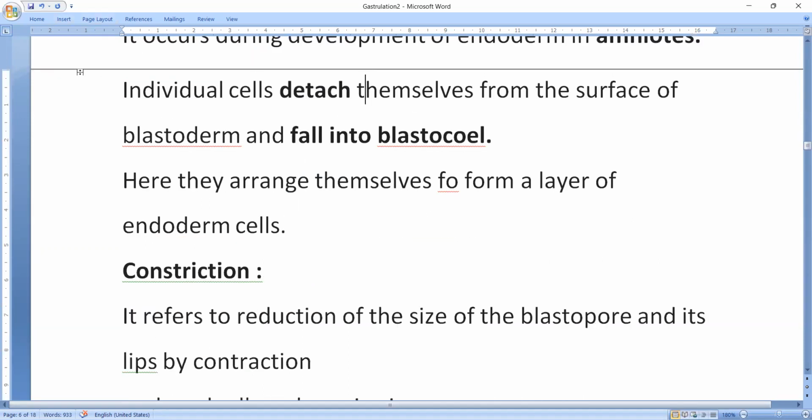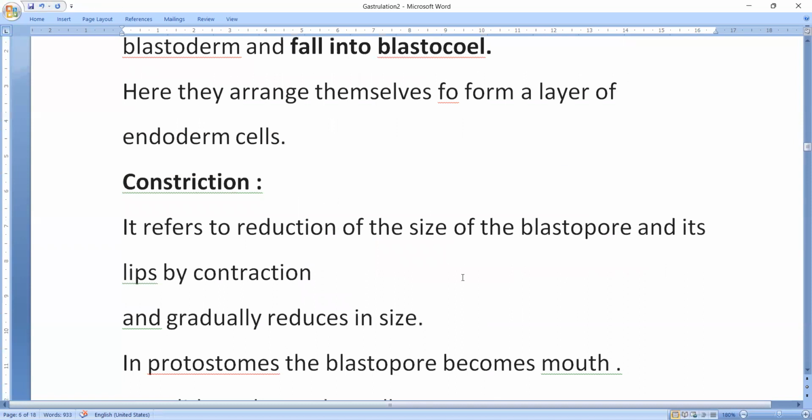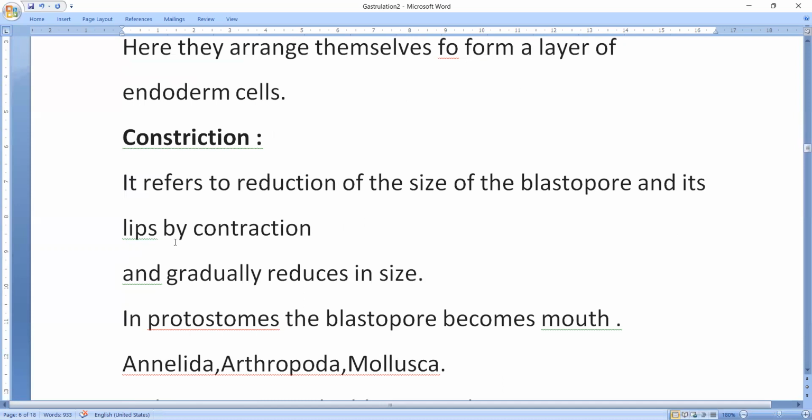Okay. So then constriction, it refers to the reduction of the size of the blastopore and its lips by contraction. Simple constriction, and it gradually reduces the size. So in protostomes, the blastopore becomes mouth.